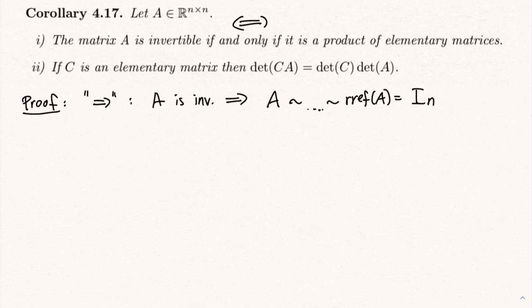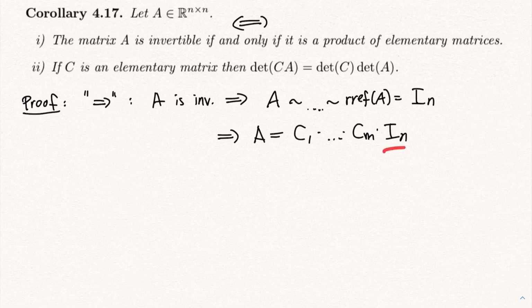But now we have this proposition saying that doing row operations corresponds to multiplying with elementary matrices, and therefore going from A to this identity matrix just means we need to multiply with elementary matrices. But in other words this means that we can also write A as a product of elementary matrices times this identity matrix.